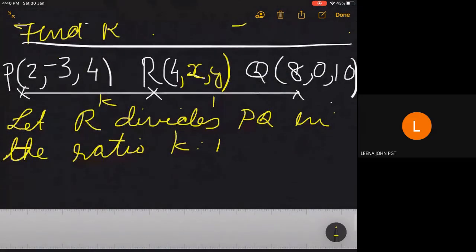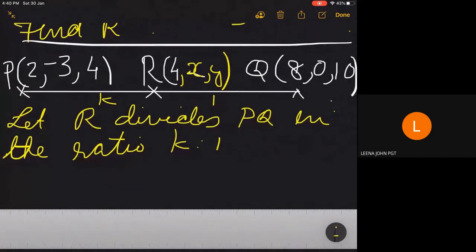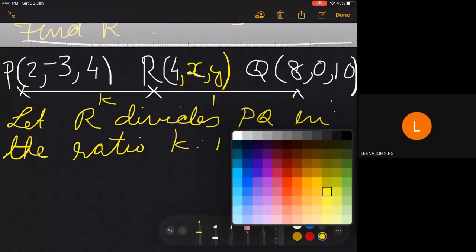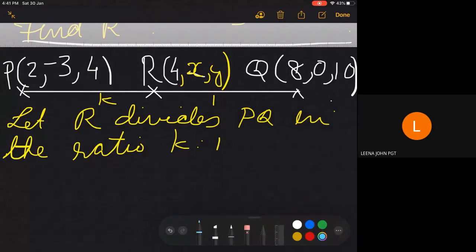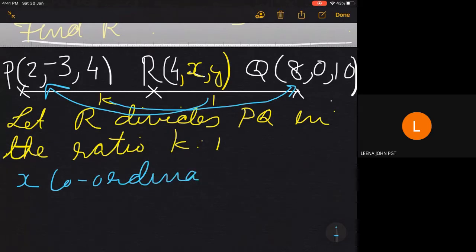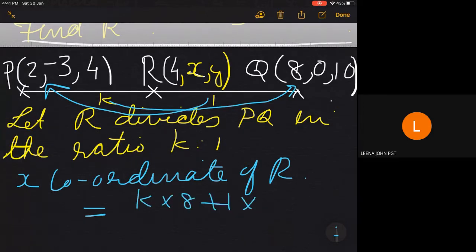Now apply the section formula and create an equation in k. You can find the x coordinate of R by using the section formula. The x coordinate of R is (k into 8 plus 1 into 2) by (k plus 1).